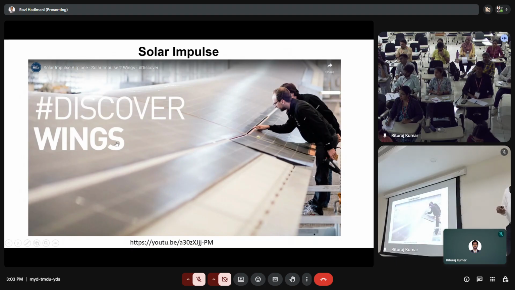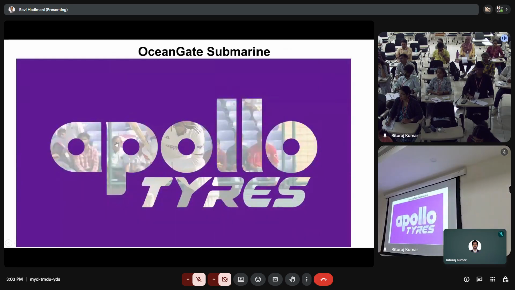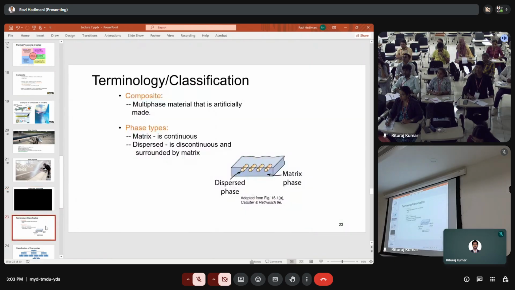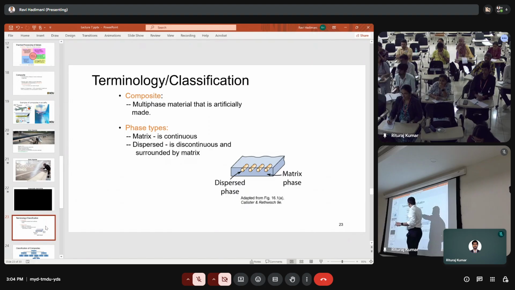Okay, so I'll quickly show you what are the different types of composite materials. In composite materials, the terminology, again, if you have done a material science class, you might have come across these, but this is the fundamentals of composite materials. So, a multi-phase material that is artificially made.